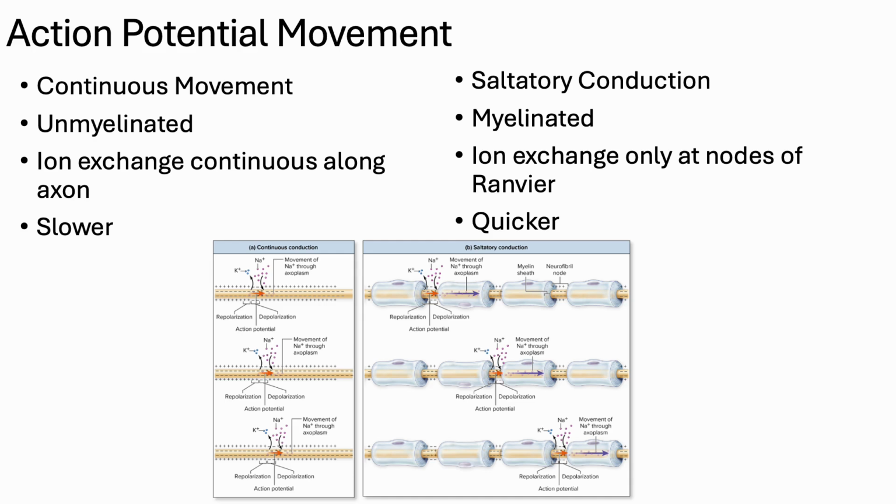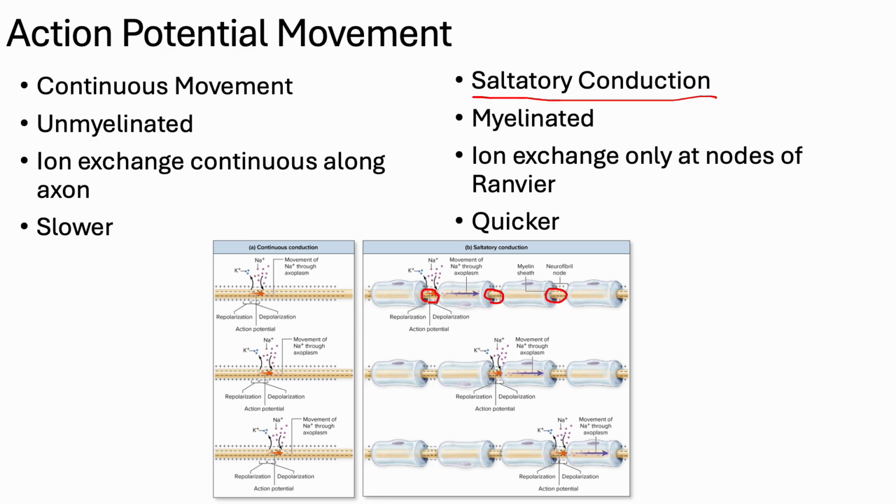Now, if an axon is myelinated, remember that there are spaces in between the myelin called the nodes of Ranvier. In this figure, we see a node here and here and here. We call the movement of the action potential along a myelinated axon saltatory conduction.